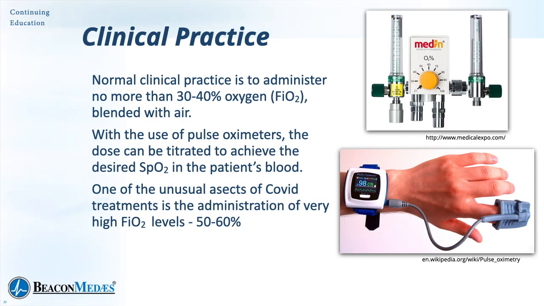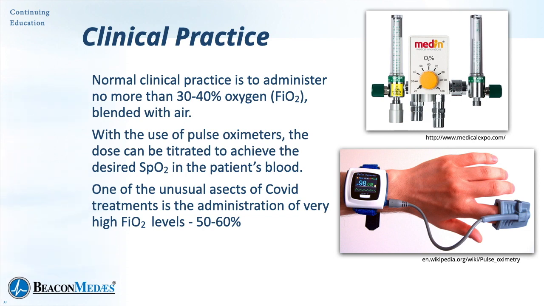Now, normal clinical practice would say we would administer something between 30 and 40% oxygen, fractional inspired oxygen, which means we're taking the oxygen and blending it with air to get that kind of concentration level.